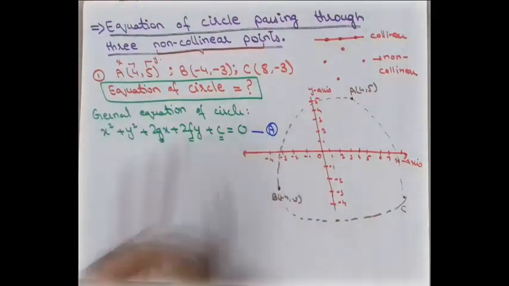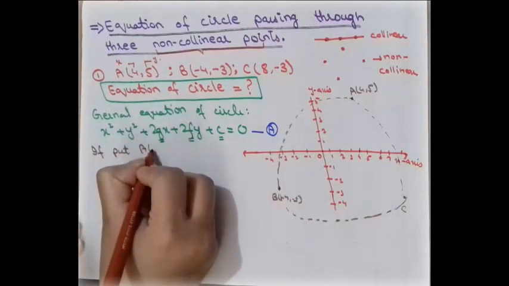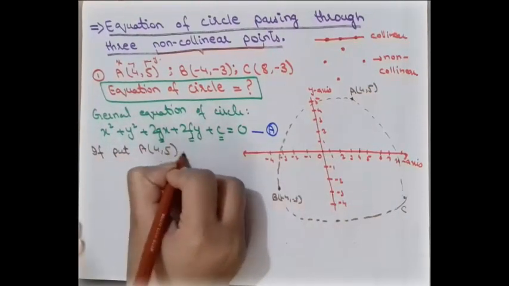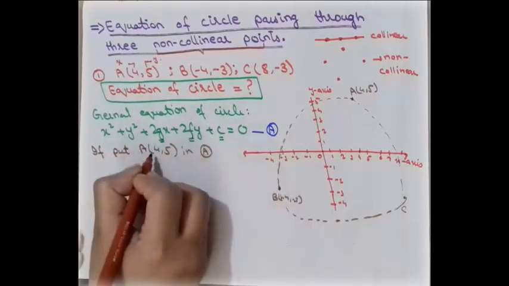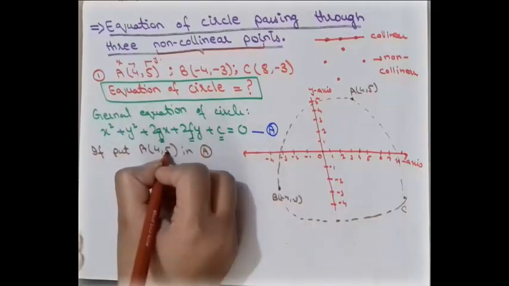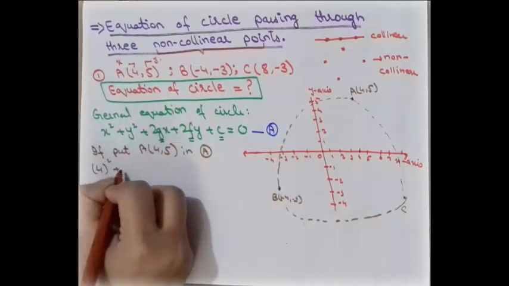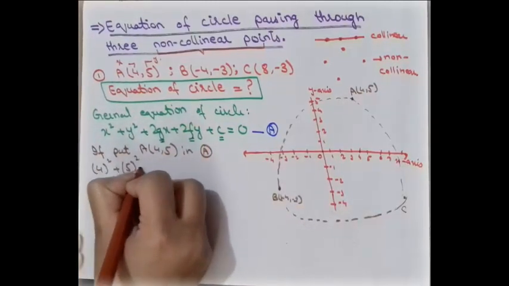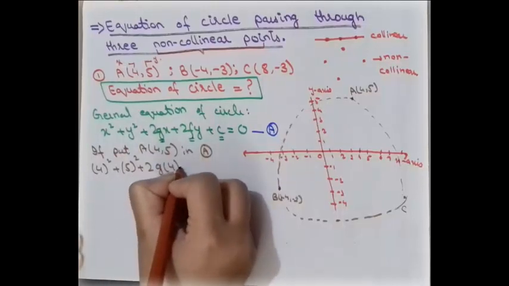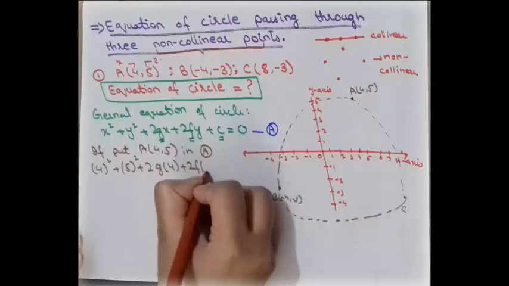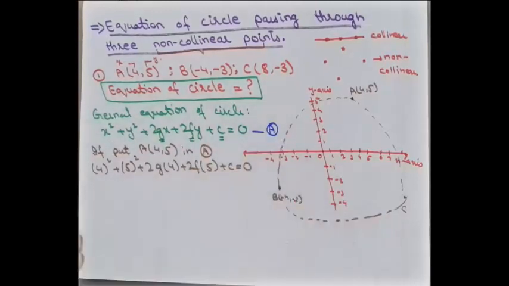We say that this equation is equation A. So if we put point A, which is (4, 5), in equation A, then solve it. The value of x is 4 and the value of y is 5. So it will be 4 squared plus 5 squared plus 2g, which is unknown, times the value of x which is 4, plus 2f times the value of y which is 5, plus c, which is again unknown, equals 0.